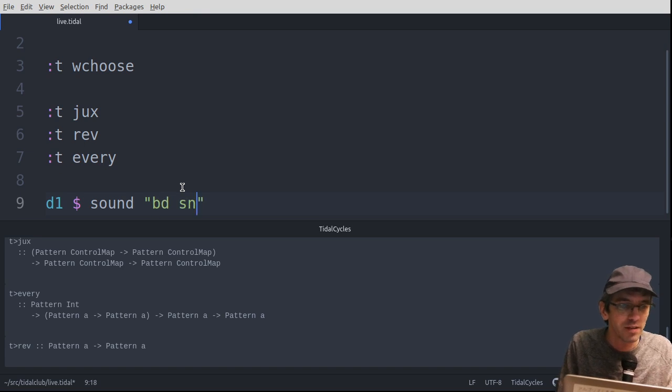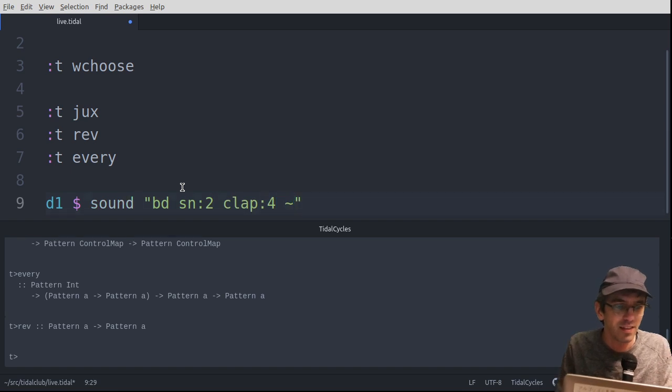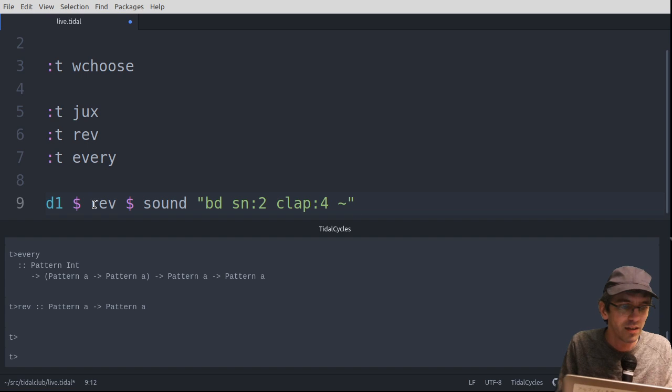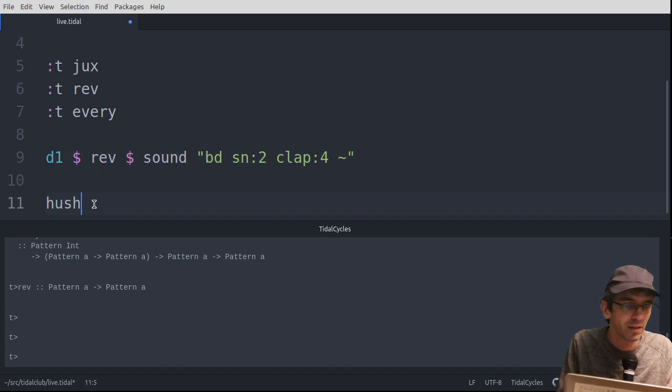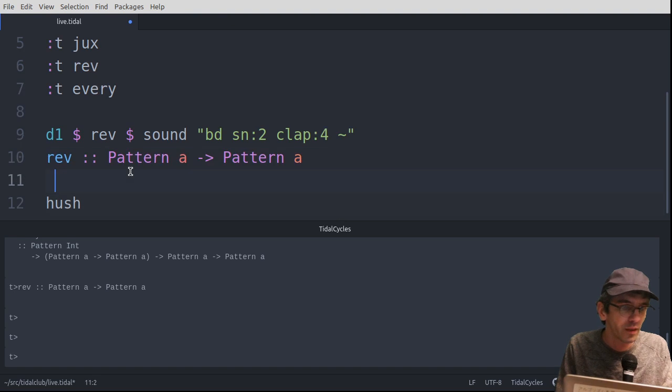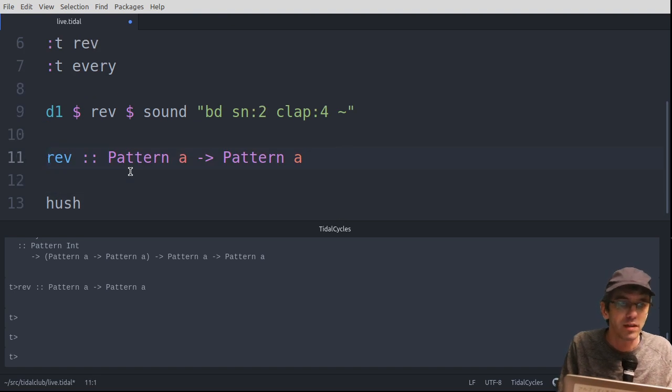So if we had bass drum, snare, can you see my cursor? Yeah, okay. Bass drum, snare, there, and that just reverses every cycle. So you can see here, it takes, with this, it's called a type signature.